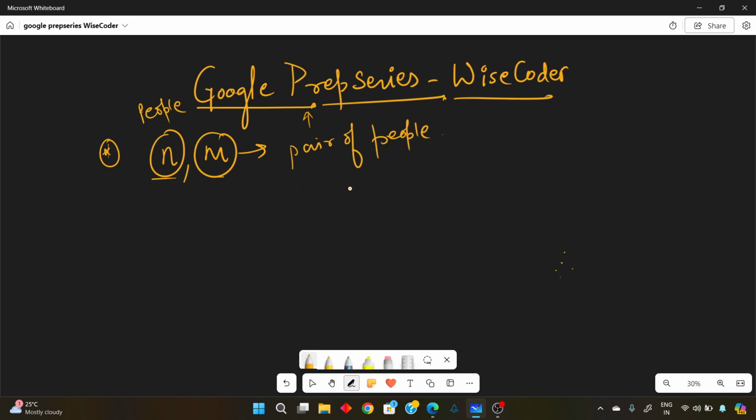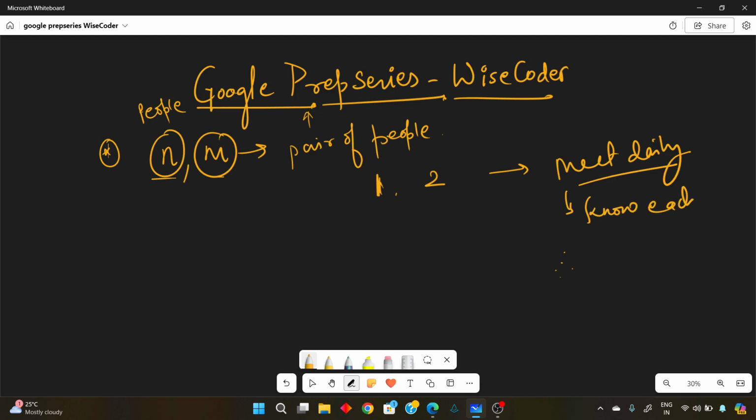If one of the pairs is 1 2, it means these two people meet daily. Those who meet daily, you can tell they know each other because they are meeting daily.